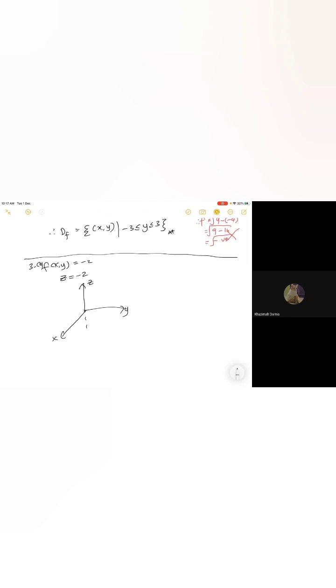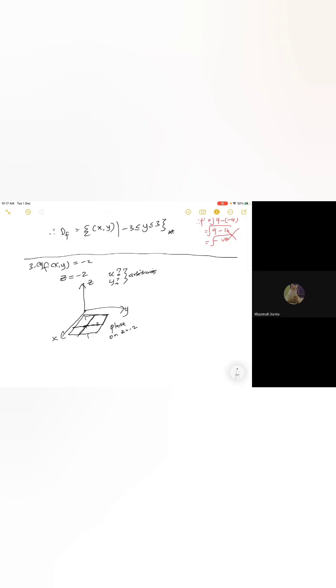Negative 2 is down here. x tak ada, y tak ada, means both will be arbitrary. So if you still remember, you bawa satu garis selari dengan x, and then another line parallel to y, and then you just connect all these lines together, then you have a plane on z equals to negative 2.